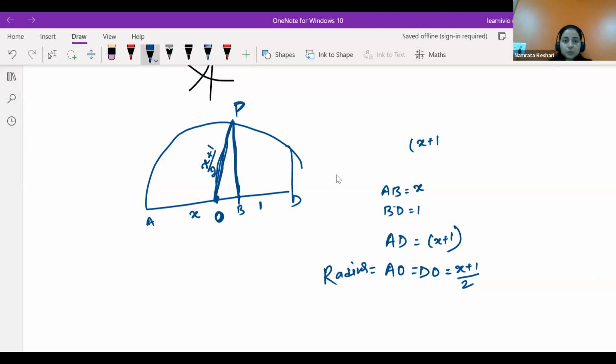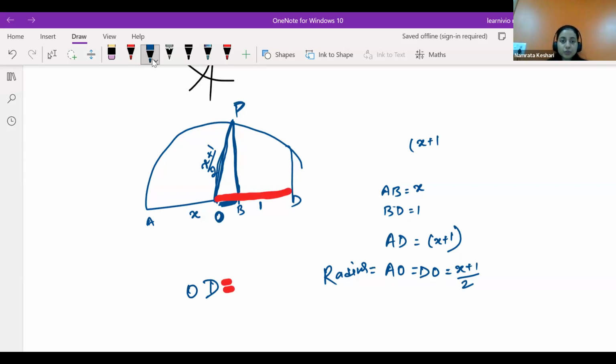What about this much part, BO? We know that from O to B, if you are not getting it, please don't get confused. I don't explain this concept to students because I have found that most of the time students end up getting confused.